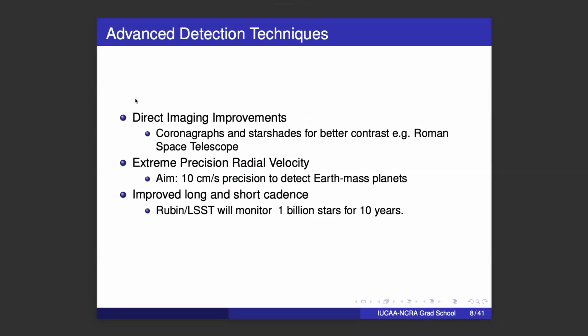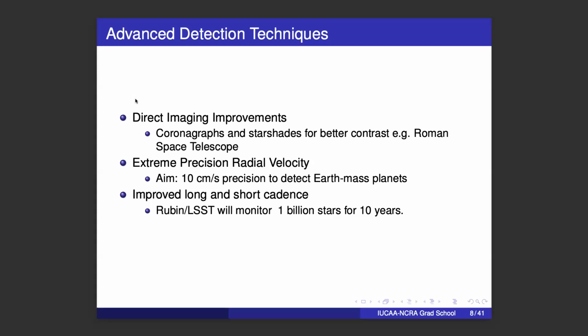Okay. But there are also some advances, not just in building dedicated telescopes for extrasolar planets. Advanced detection techniques have also been developed. So the direct imaging improvements. In direct imaging, as we saw in the case of Fomalhaut, the idea is to put something which hides the parent star.